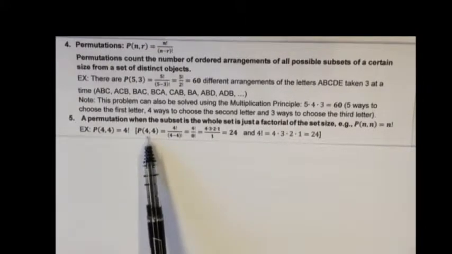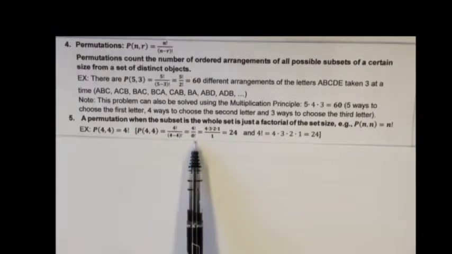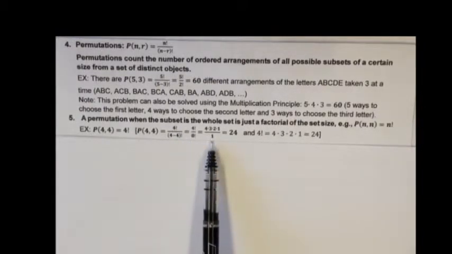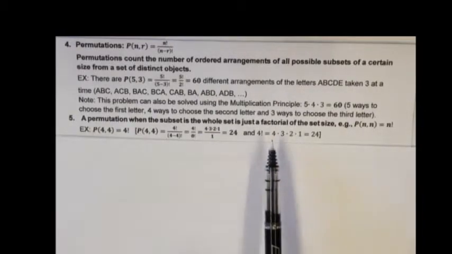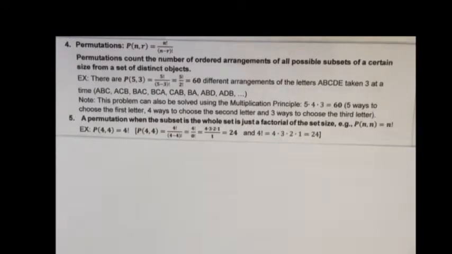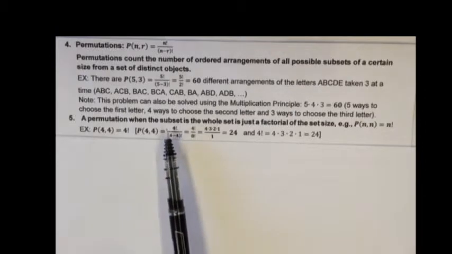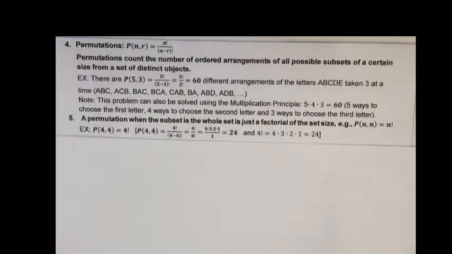If you use the formula, 4 things chosen 4 at a time, you end up with a 0 factorial in the denominator, which is defined to be 1, and you just end up with 4 times 3 times 2 times 1 over 1, which is 24. And if you do 4 factorial, you get the same thing. So a permutation where the subset that you're using is the size of the whole set is just going to be the factorial of that.